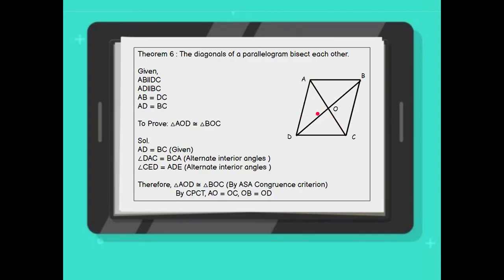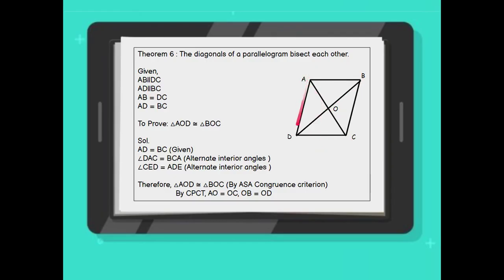So what will be the solution? I'll prove two of the triangles as congruent. Either I can prove AOD and BOC as congruent, or I can prove AOB and BOC as congruent. Here I have taken triangle AOD and triangle BOC. So coming to the solution.